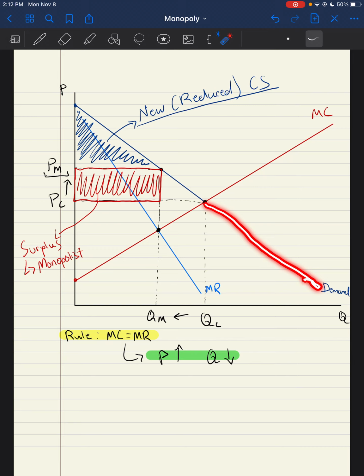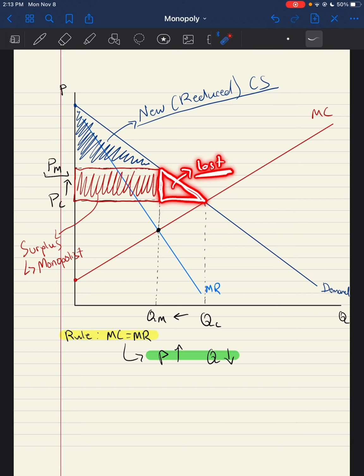They were not making any transaction, even when we were in perfect competition, even when we were in equilibrium, so they were not really in the market to begin with. But these individuals were, and because these individuals can no longer purchase this product, the surplus that was initially part of the consumer surplus is now lost, because these individuals have dropped out of the market.